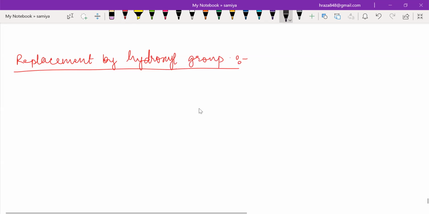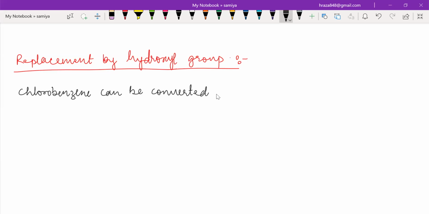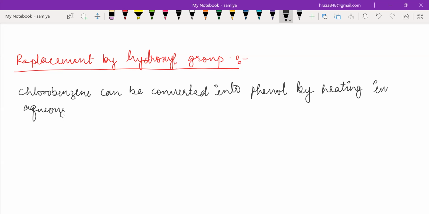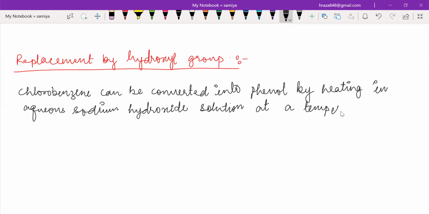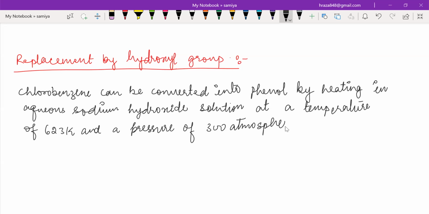Replacement by hydroxyl group. So basically, chlorobenzene can be converted into phenol by heating in aqueous sodium hydroxide solution at a temperature of 623 Kelvin and a pressure of 300 atmospheres.